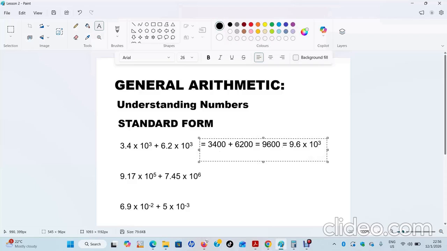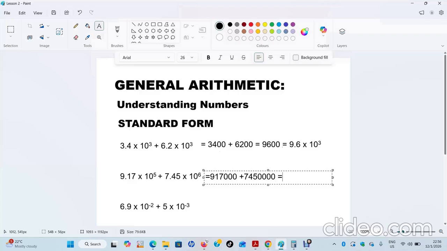So if you did not watch the previous lesson, then you will be confused as to how I am doing this. So I suggest you go to the previous lesson. Now 9.17 times 10 to the power 5 plus 7.45 times 10 to the power 6. Convert that number, you get 917,000 plus 7,450,000.